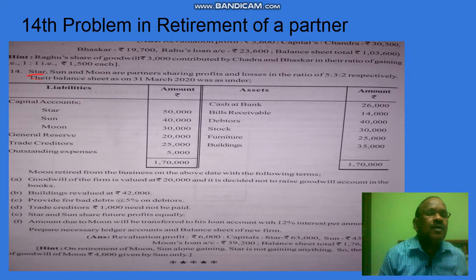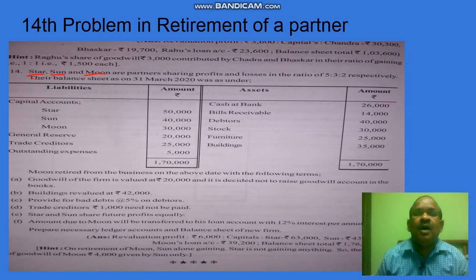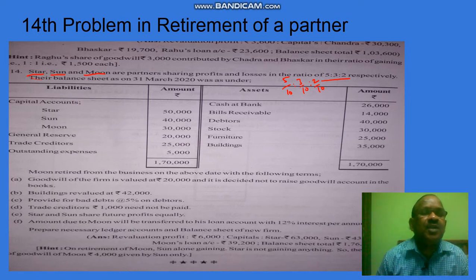Star, Sun, Moon are partners sharing profits and losses in the ratio of 5:3:2. So it is a ratio. If shown in fractions, 5/10 is to 3/10 is to 2/10 respectively. Their balance sheet as on 31st March 2020 was as under.